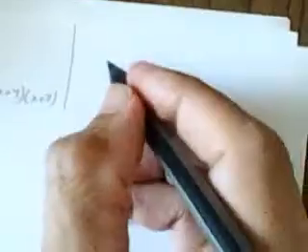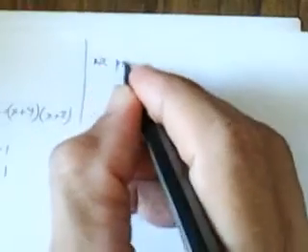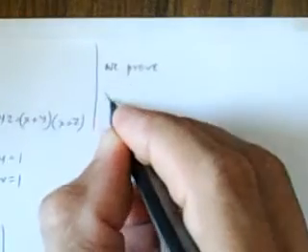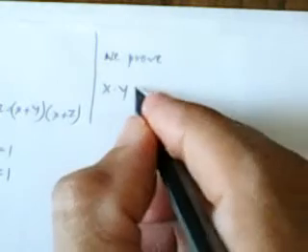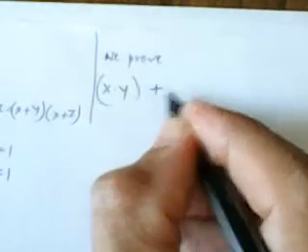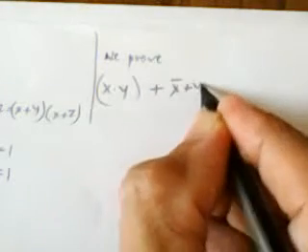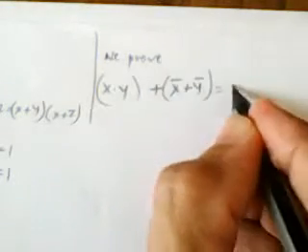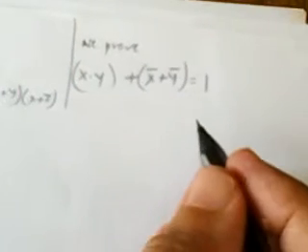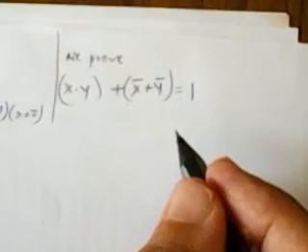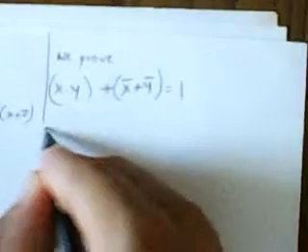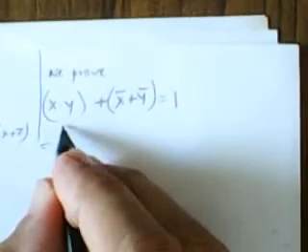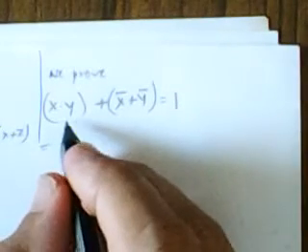Prove the first expression. That is, we prove x · y + x̄ + ȳ is equal to 1. Right? How to prove this one? Take the LHS of this.